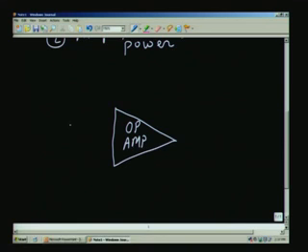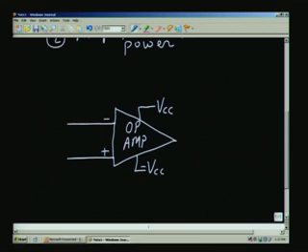And I have actually two inputs, one which is called the inverting input and the other one is the non-inverting input. And there will be a positive power input and the negative input there, and there is an output terminal. This is the output.